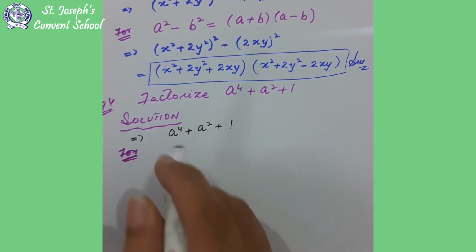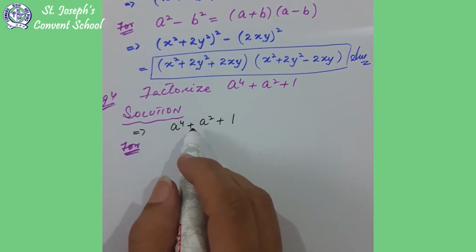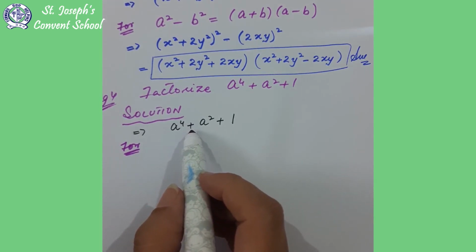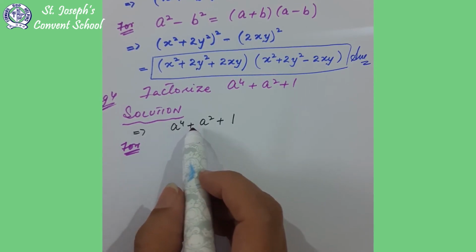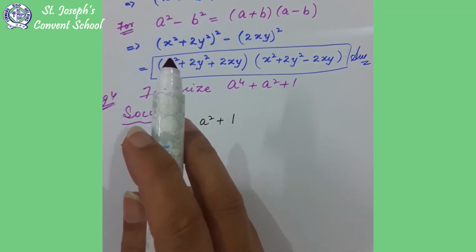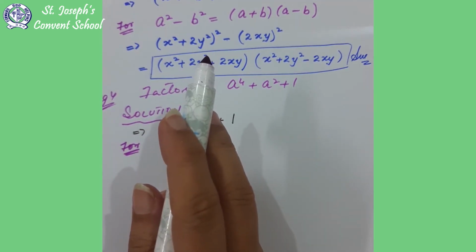We will compare this question. Now when three terms are given, check the sign of the middle term. If middle term is with plus sign, you will apply plus formula. If middle term is with minus sign, you will apply minus formula. Okay, so this is different from that question. In that question there were only two terms. When two terms are given, always apply plus formula.